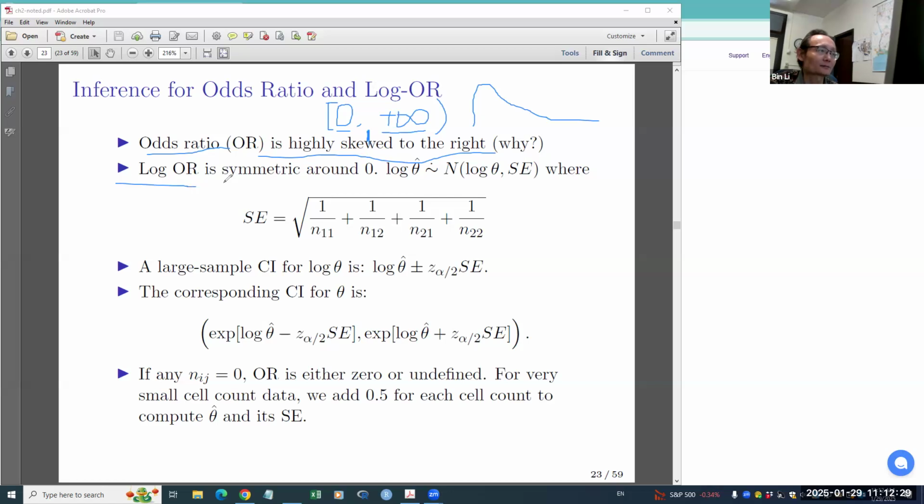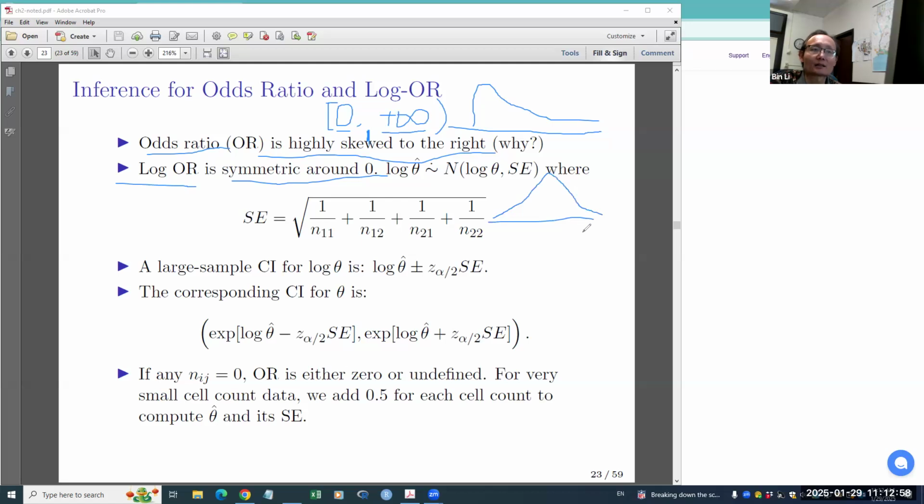And the log odds ratio is symmetric around 0. So if we take the log of the odds ratio, this time we can change the distribution of the odds ratio from highly skewed to the right to a symmetric one.